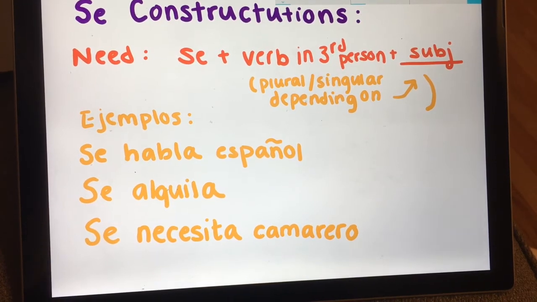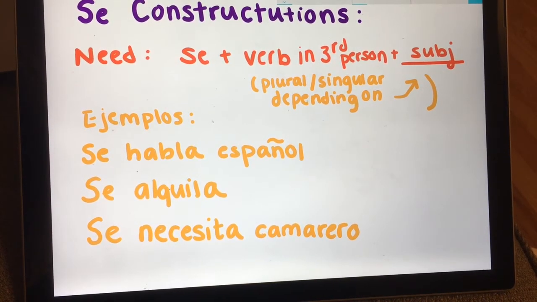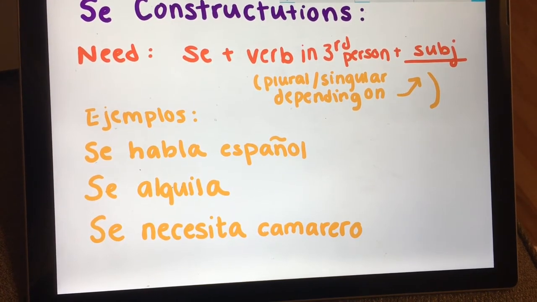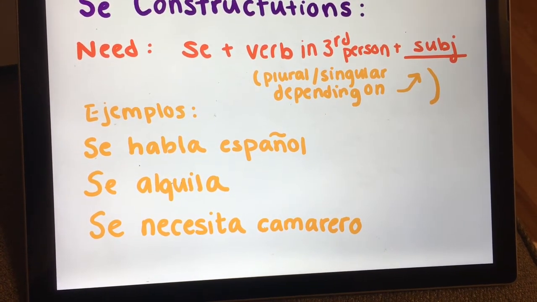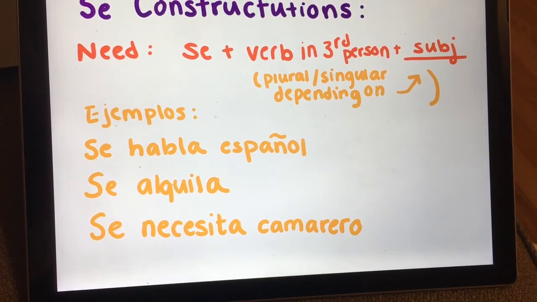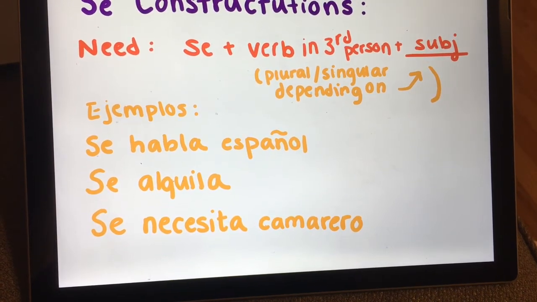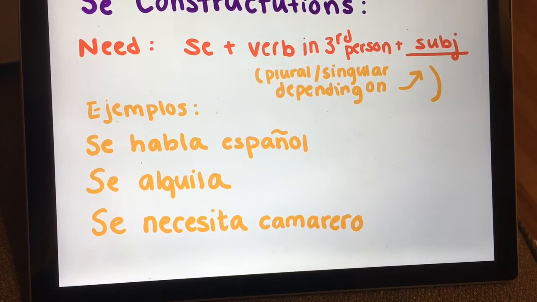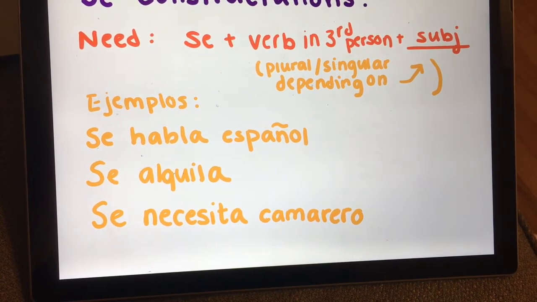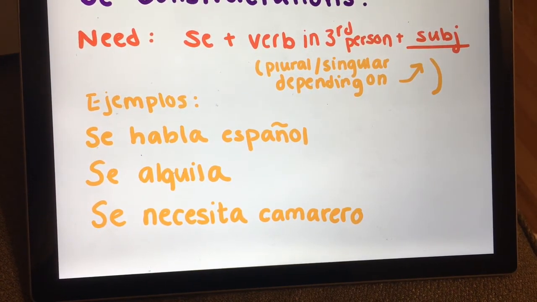So se constructions are actually very common in Spanish, and you see them everywhere when you go and travel to any Latin American Spanish-speaking country. Some examples are se habla español, which means Spanish is spoken here. Se alquila, for rent. Se necesita camarero, a waiter needed. So these constructions are very, very impersonal, right?